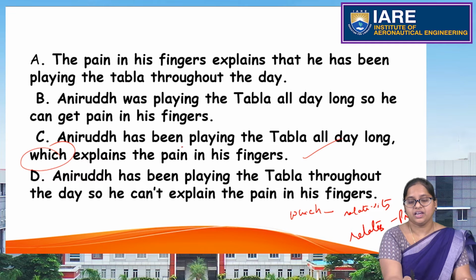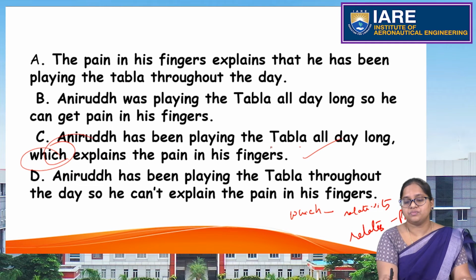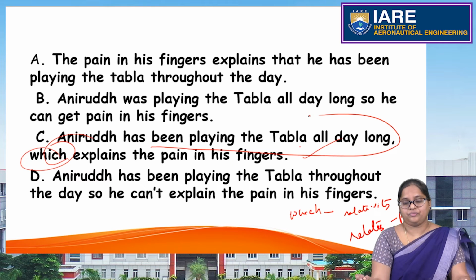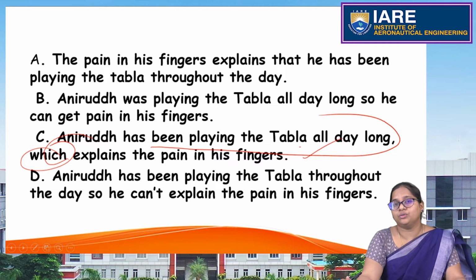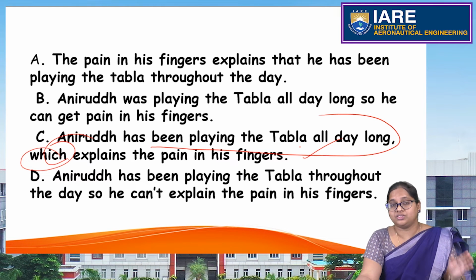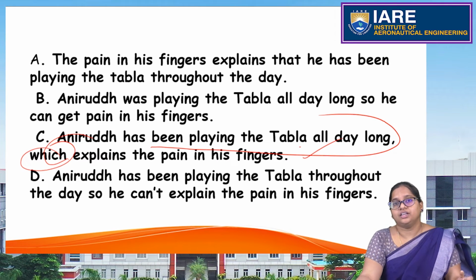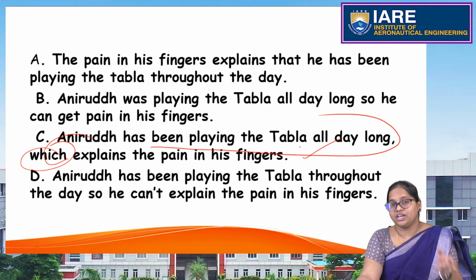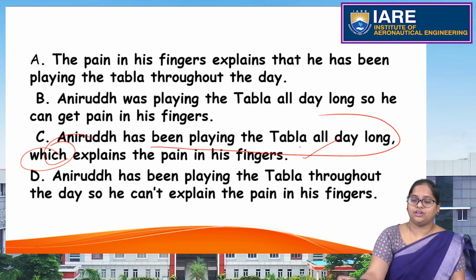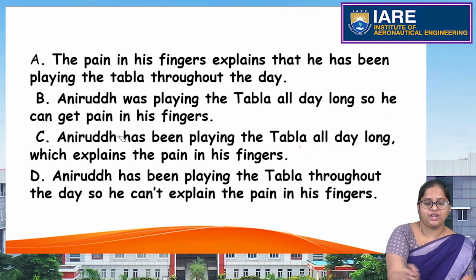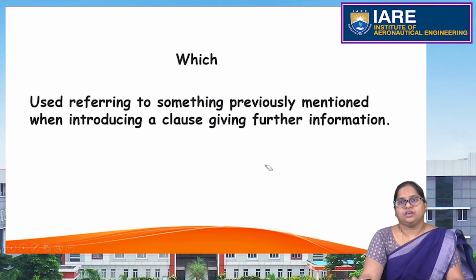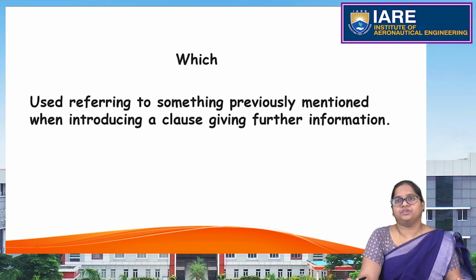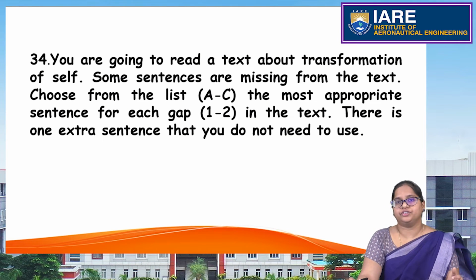Here, what is the previous idea? He has been playing tabla, which explains playing tabla all day long. That is a relation here. It is a connector that alerts us: this is a thought and we are talking about this thought. So this is the function of this particular word 'which'. You can go with option C. That's what it refers to, the previous clause, which will give further information.